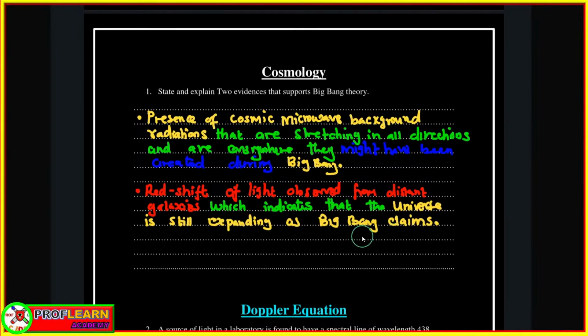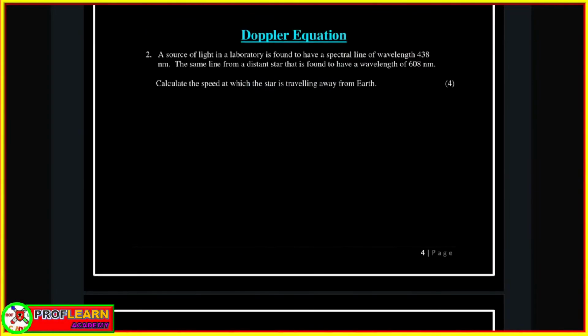Another part that you need to prepare on is the Doppler equation, how to do the calculation, which will enable you to work out the speed at which a galaxy is moving away from the Earth.